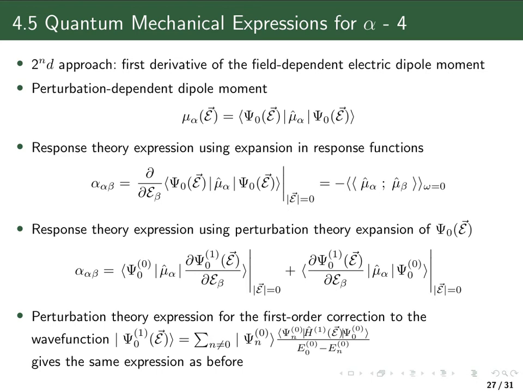So if you now take the derivative of this field-dependent component of the dipole moment with respect to one component of the field and evaluate the derivative at 0 field strength, we exactly get the linear response function. And since we are here looking at a constant electric field, it's the static value of the linear response function.